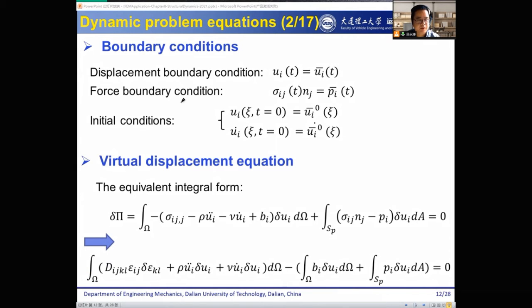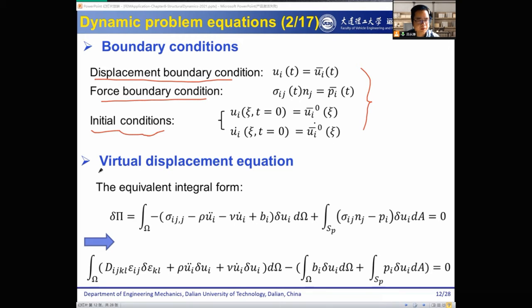And then the boundary conditions. Those are all similar to the part we had in the previous chapter. We said we have two types of boundary condition: displacement boundary condition and force boundary condition. Then we also have the initial conditions, and we can use all those conditions to solve the stiffness equation.